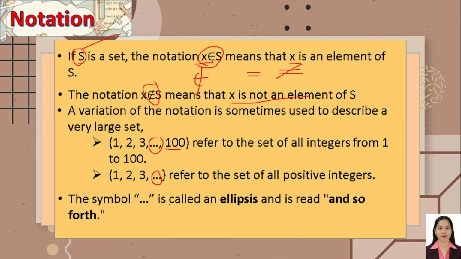It is read as and so on and so forth. So the set of all positive integers is 1, 2, 3, and so on. And the set of all integers from 1 to 100 is 1, 2, 3, and so on, up to 100, the last number.